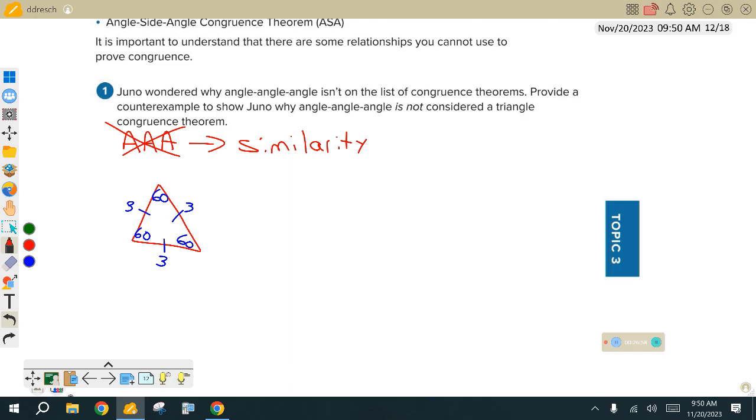Okay, but to be here, we've got equal angles, right? But here, I could do the exact same thing, where we've got this all going, and what we've done here is we've kept the same shape, right?